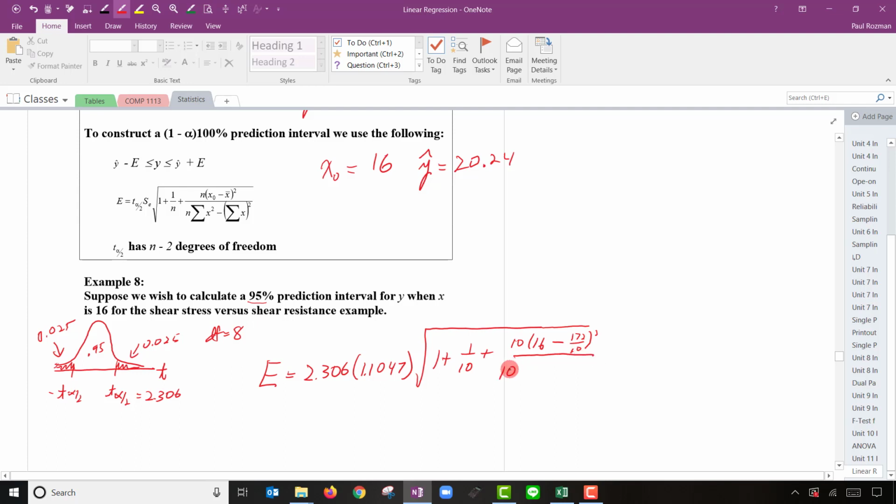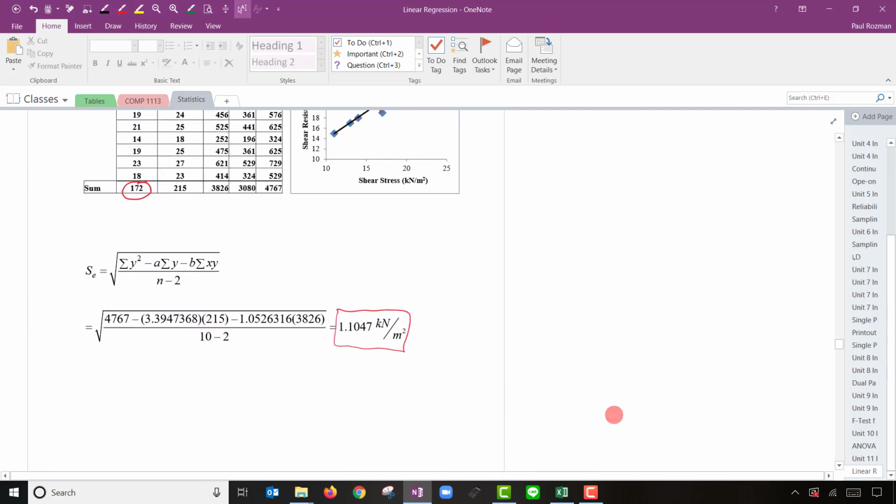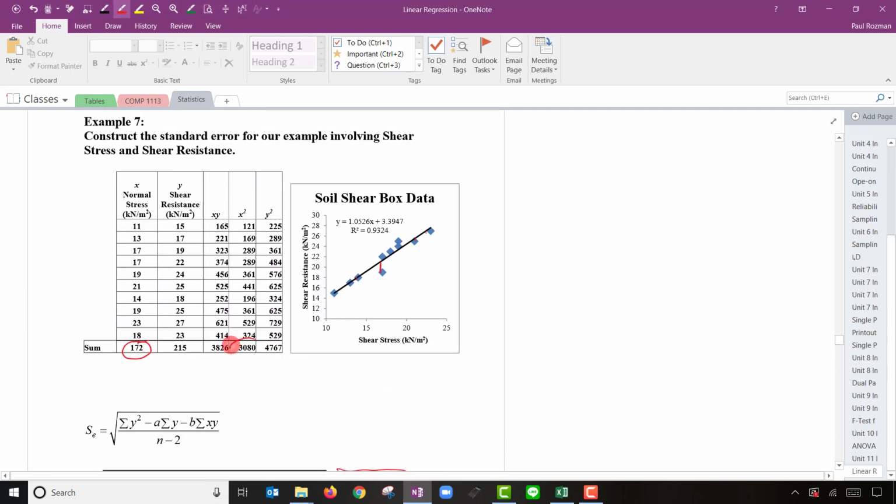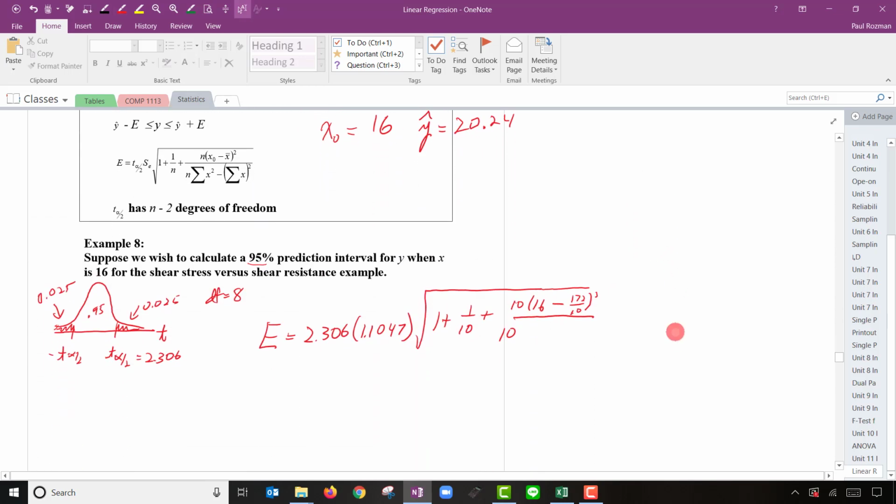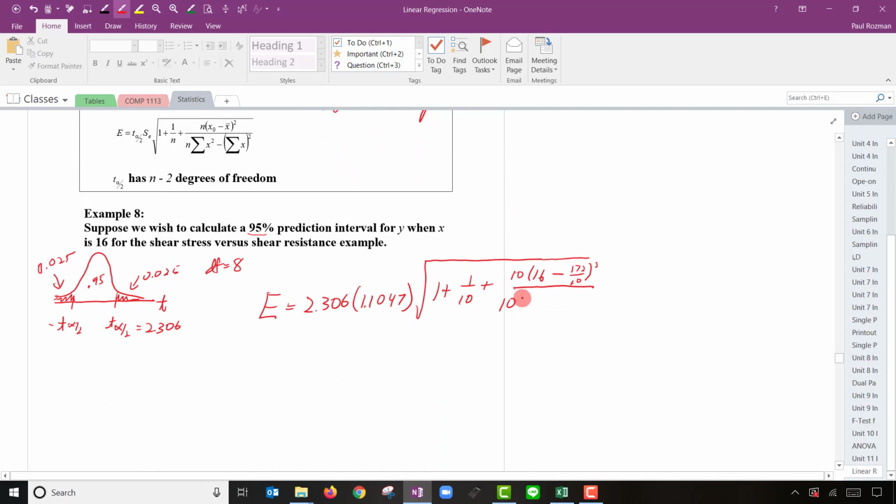So this isn't too bad. We had the sum of the x squareds. I'm going to slide back up there and grab that value. That was 3080. And then the sum of the x's, which was the 172, but we're squaring it.